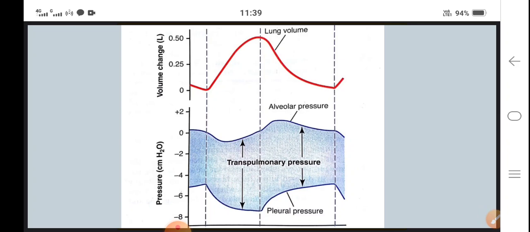The total compliance of both lungs together in the normal adult human averages about 200 ml of air per centimeter of water transpulmonary pressure. That is, every time the transpulmonary pressure increases 1 centimeter H2O, the lung volumes after 10 to 20 seconds will expand by 200 ml.